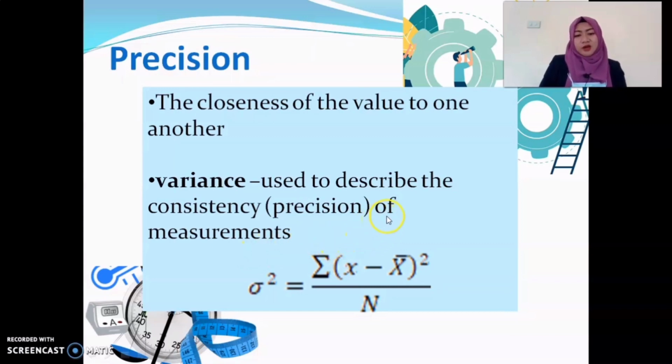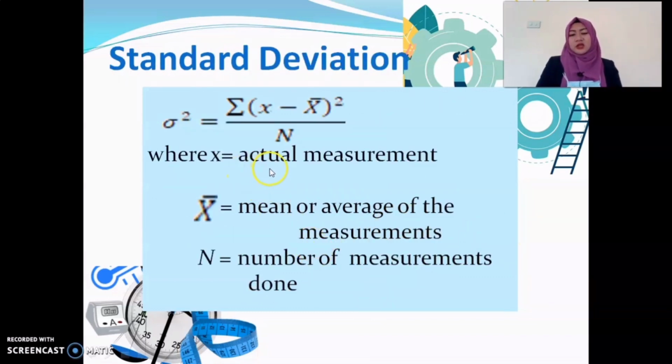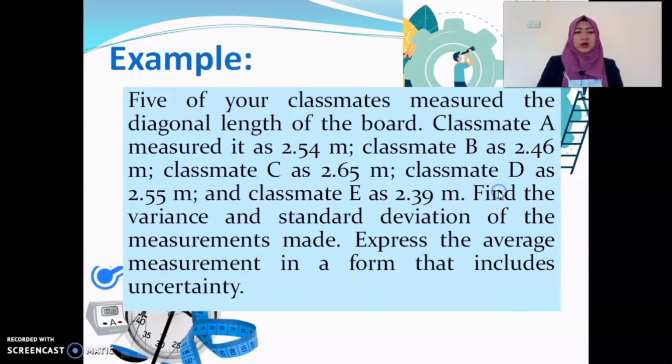Variance can be calculated as the summation of x minus x bar, squared, over n, where x is the actual measurement, x bar is the mean or average of the measurements, and n is the number of measurements done.